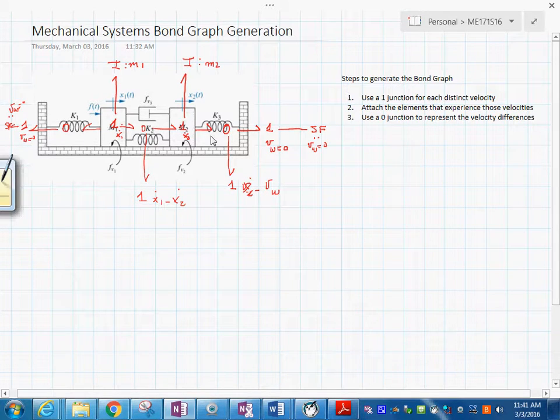That's what this is. Okay, then step number 4, I am going to say attach the elements that experience those velocity differences.